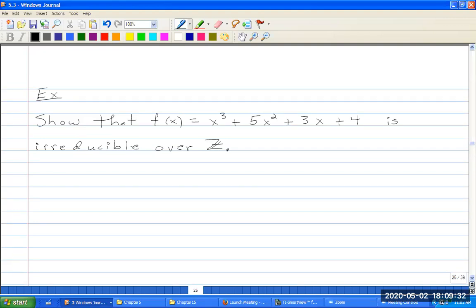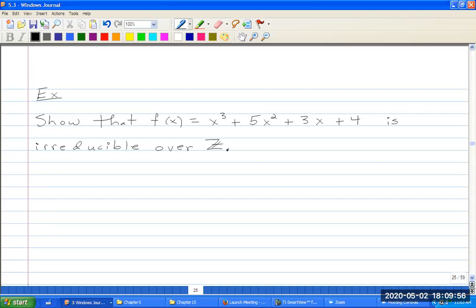I want to show that f of x equals x cubed plus 5x squared plus 3x plus 6 is irreducible over the integers. So basically I want to figure out, can I evaluate this at some point?